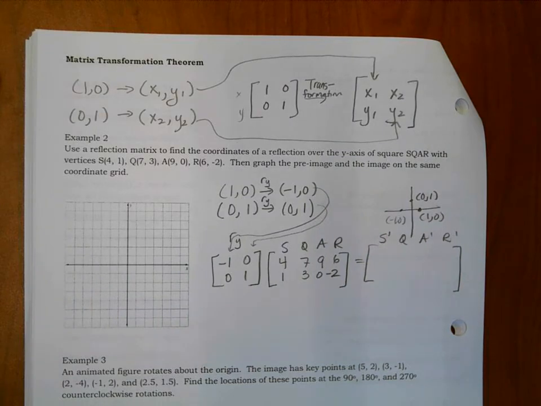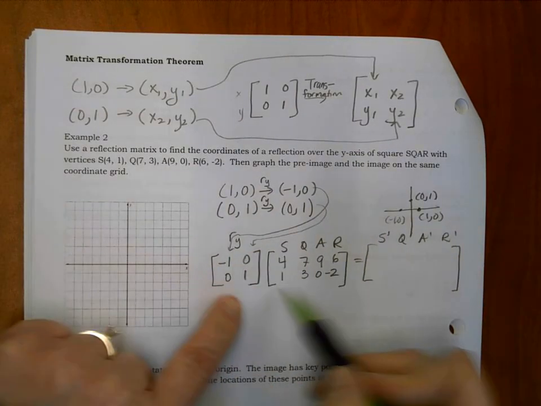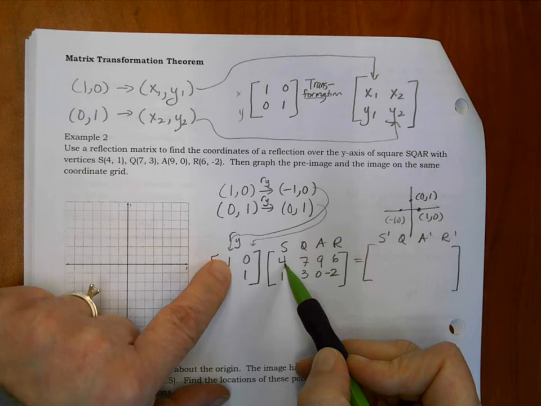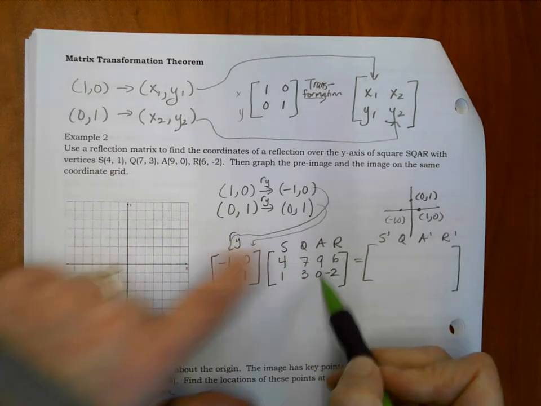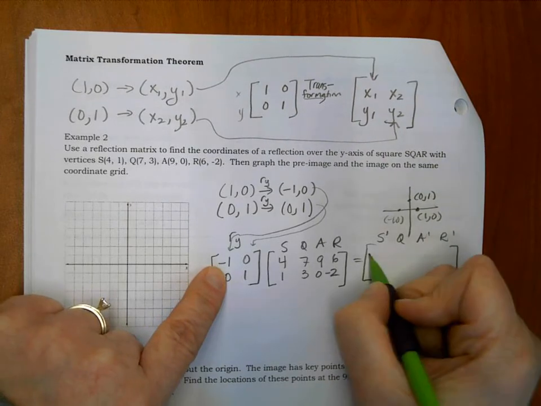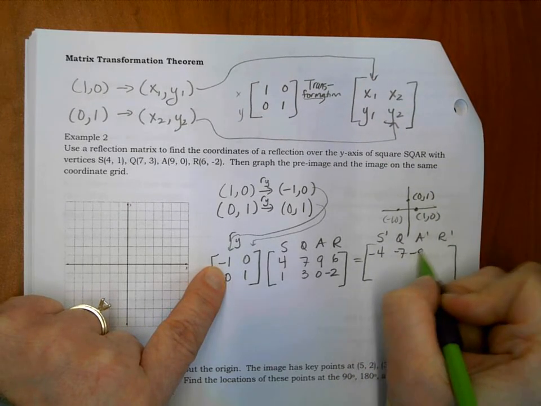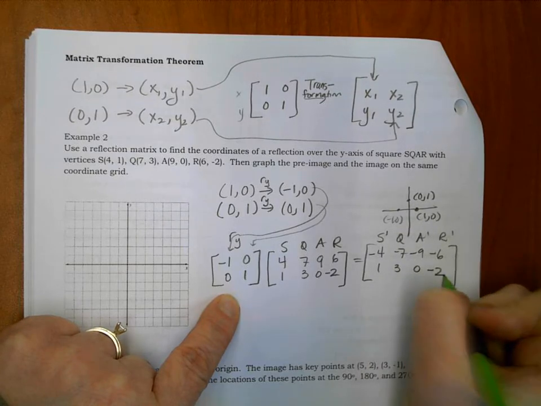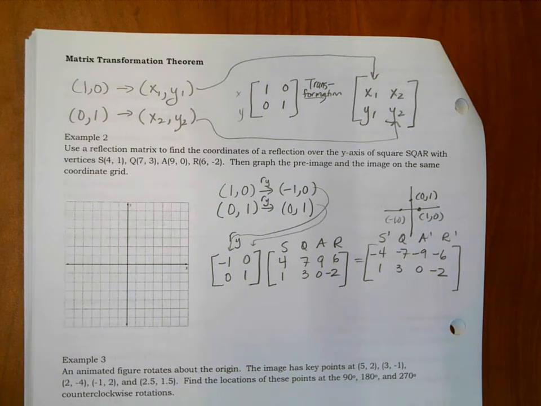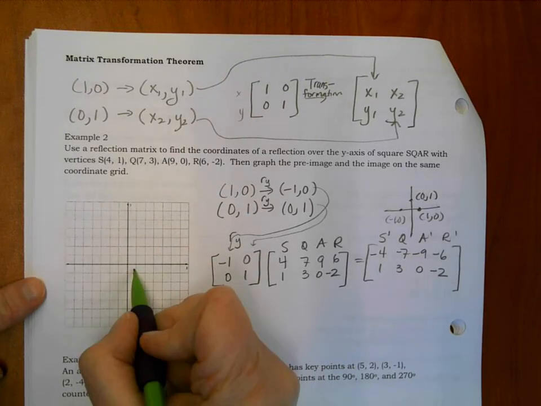I guess you could put this in your calculator, but remember what's really happening is you're taking the opposite, because it's always going to be negative 1 times this plus 0, negative 1 times this plus 0, and so on. So you're just taking the opposite of the top row, and the bottom row is staying the same. Then you can plot the points. Again, just make sure, and I think I'm going to go by 2s. Sure, I'll go by 2s.